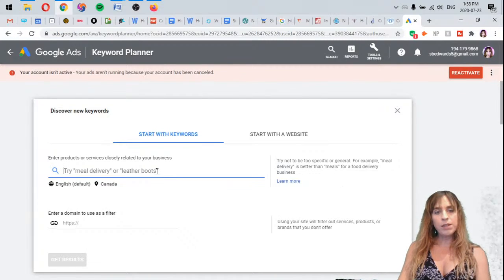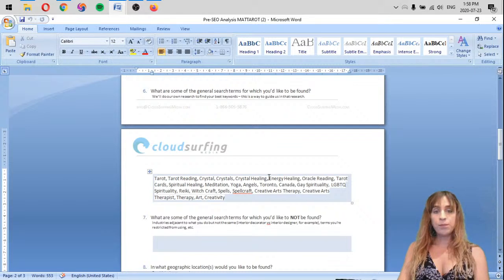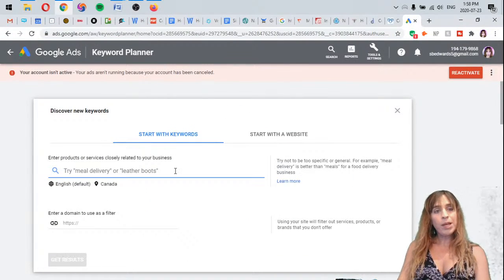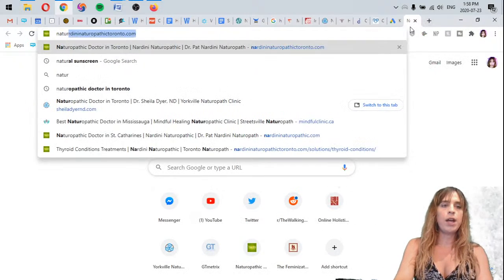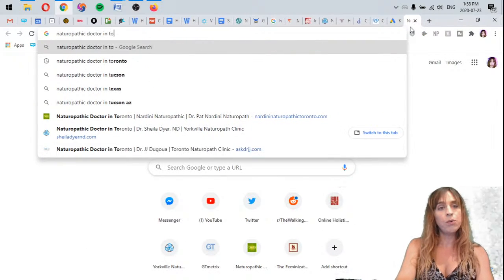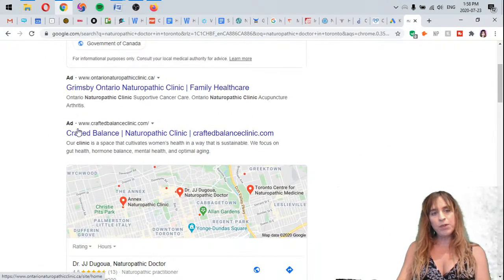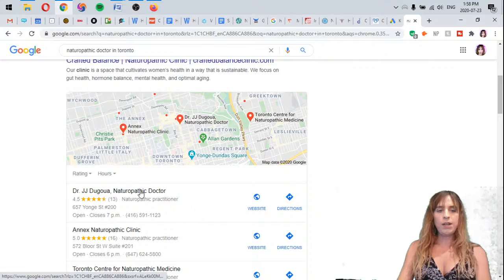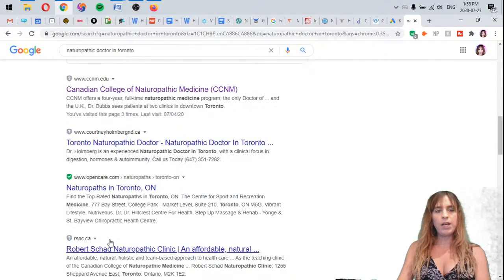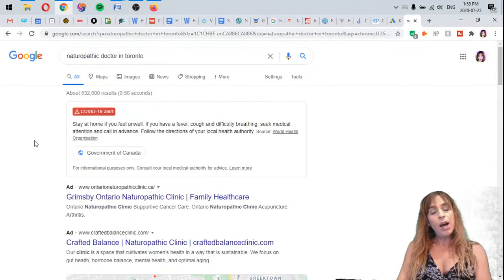When we sign someone on to do an active ongoing SEO campaign, we'll use more than just Keyword Planner, because Keyword Planner is actually built for Google AdWords. If you Google something like, I don't know, naturopathic doctor in Toronto, you're going to come up with these ads here at the top of your search, and then you'll have this stuff down here, and then you'll have the regular results.